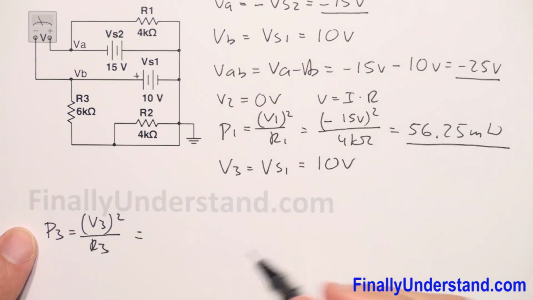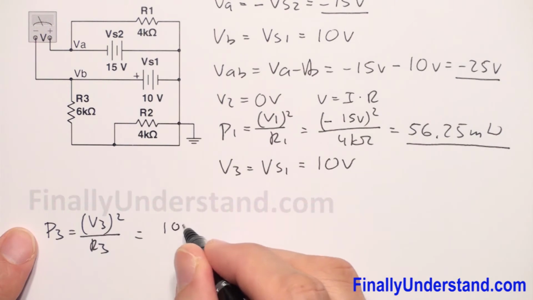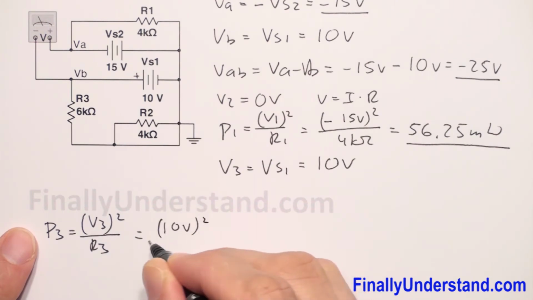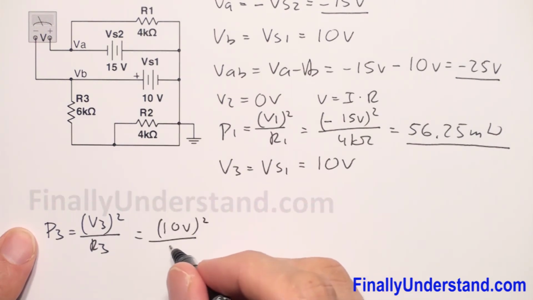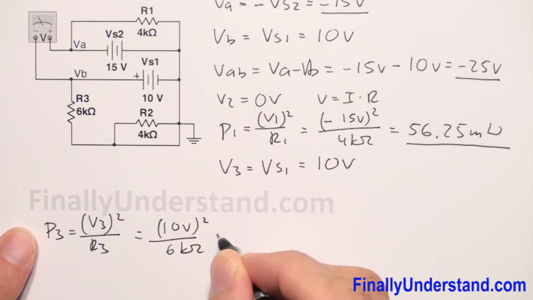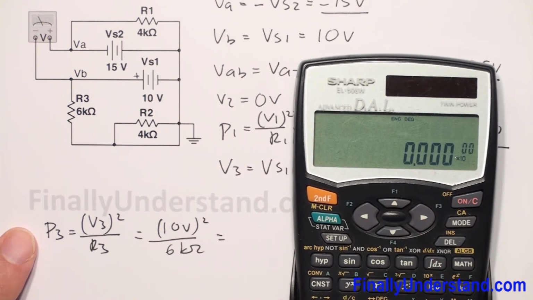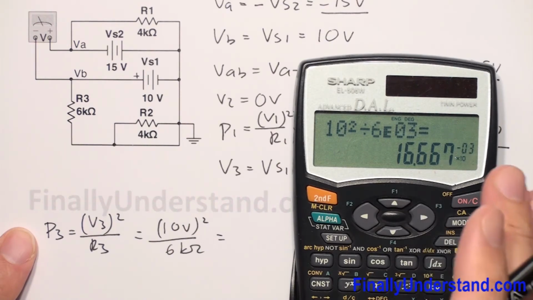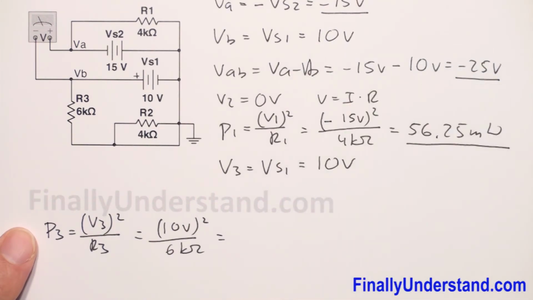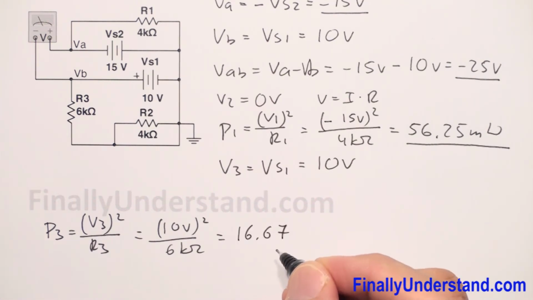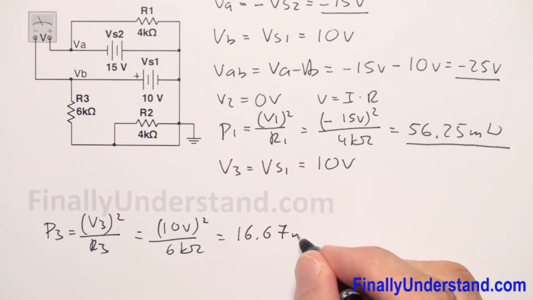So we have 10 volts to the second power over R3, which is equal to 6 kilo ohms. This is equal to 10 to the second power divided by 6 times 10 to the 3, which is equal to 16.67 milliwatts.